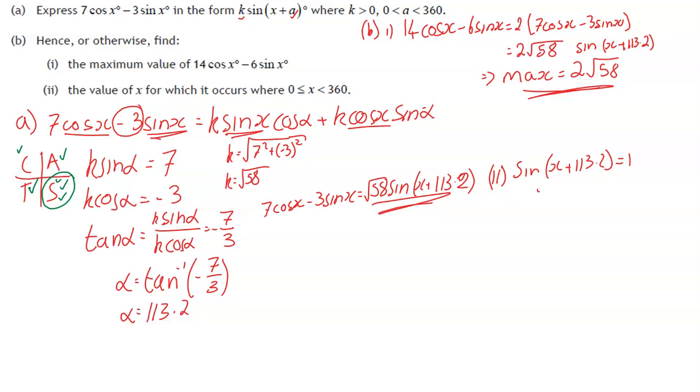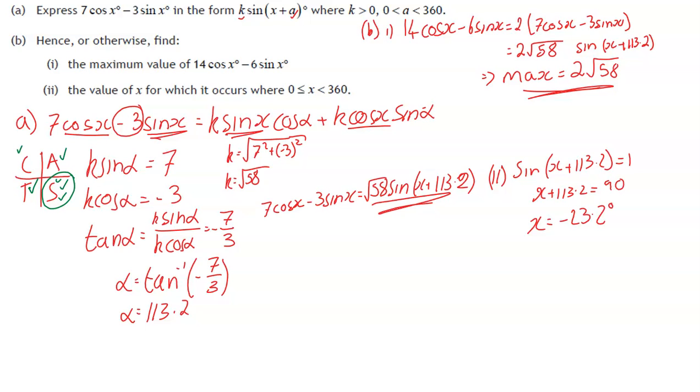So what this allows me to say is that x plus 113.2 is equal to sine minus 1 of 1. Well, we know that that's going to be 90. So if I then solve that, what I get is x is equal to 90 take away 113.2. That then gives me an answer of negative 23.2 degrees.